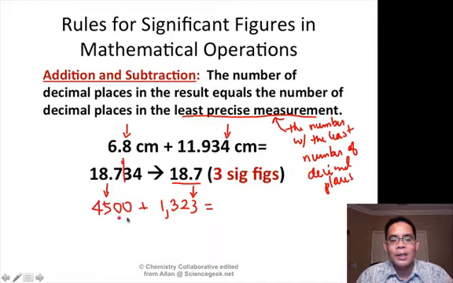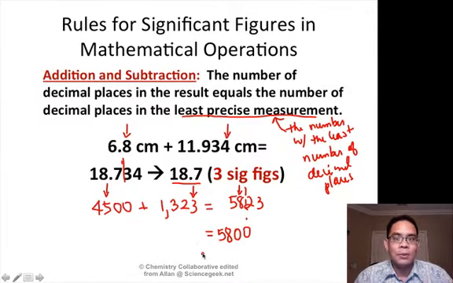And so when you add these two numbers, you're going to get 5,823. Well, again, you're reporting too many sig figs in the answer. And so I'm going to have to round to the hundreds place, which means I cut off right here, which means I get 5,800 as an answer. And so watch out for this particular fanciness in chemistry because sometimes we do deal with those numbers.